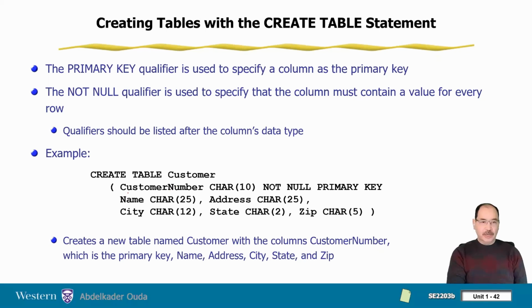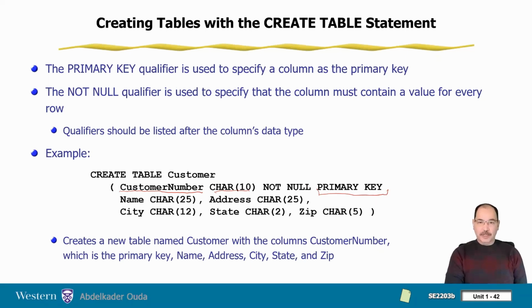I added here customer number, assuming that this is going to be a unique identification for the customers. That means we don't have 2 customers with the same number. So I'm going to define a field here, customer number, a string of 10 characters, and define it as primary key.